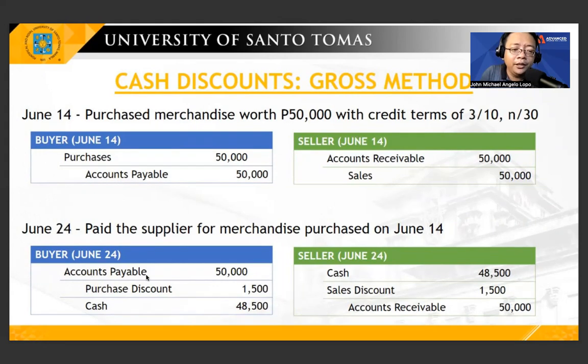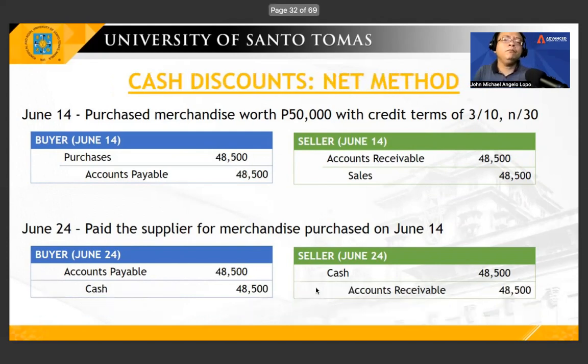On the part of buyer, of course, you have accounts payable 50, purchase discount 1.5, so 50,000 times 3%, yan, and cash of 48.5. So instead of paying 50,000, the seller gave you a discount. On the part of seller, yung AR mo na 50,000, you only receive 48.5 because of the 3% discount. 50,000 times 3%, yan, ha?